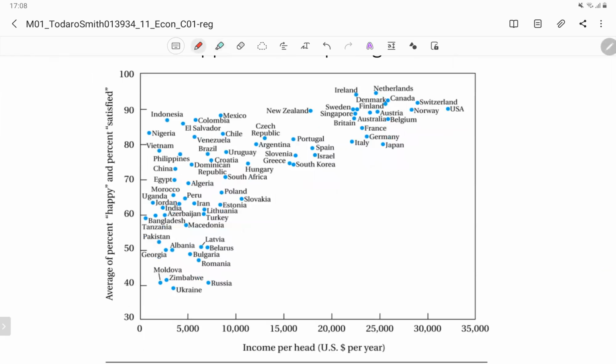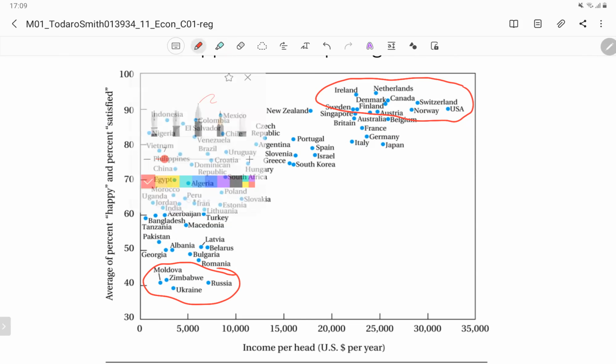You can see here that in some countries like Netherlands, Switzerland, Norway, and USA, they are happy when the income is also high. So that's not odd, right? And then here you see that in Zimbabwe, Moldova, Ukraine, and Russia, the happiness is pretty low and the income is also pretty low. That is not strange at all.